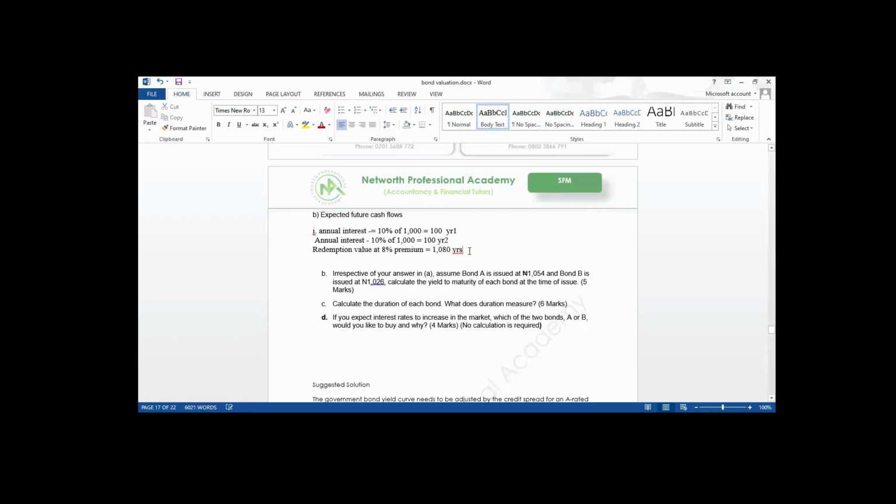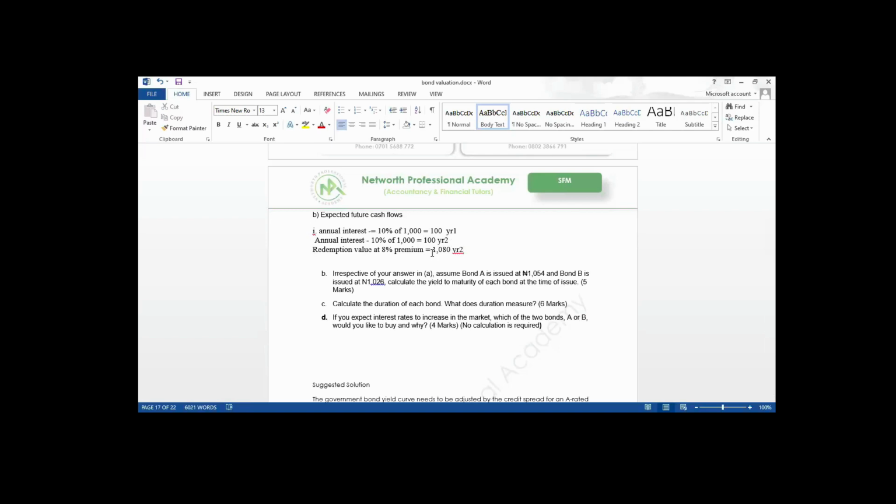You can add the 2 cash flows together. In year 2, 100 annual interest plus redemption value. If you sum the 2 together, you are going to have 1,180. You have gotten the expected future cash flows.